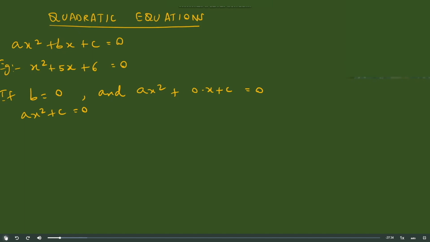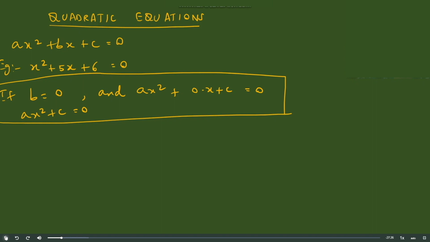Now this type of equation, where ax square plus c is equal to 0, is called a pure quadratic equation. The next thing we have to discuss is something called roots of the equation.